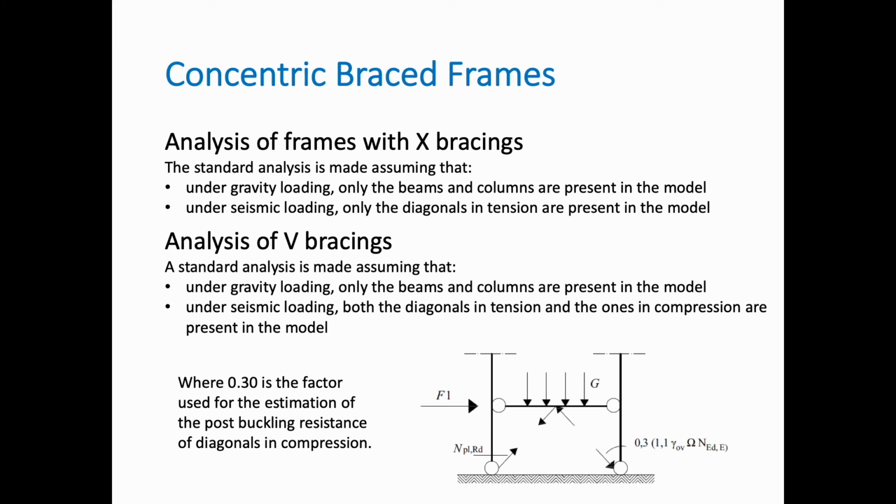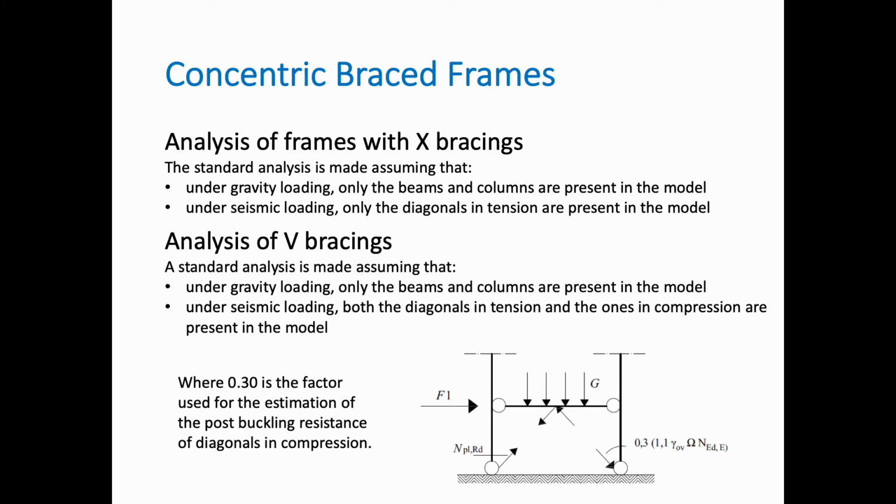For the analysis of the V bracings, a standard analysis is made again assuming that under the gravity loading only the beams and columns are present in the model, and under the seismic loading both the diagonals in tension and the ones in compression are present in the model. Here we have two diagonals, one being in compression, one being in tension, of course.